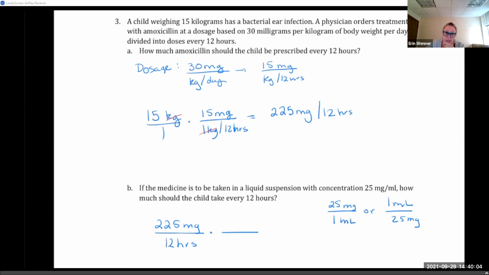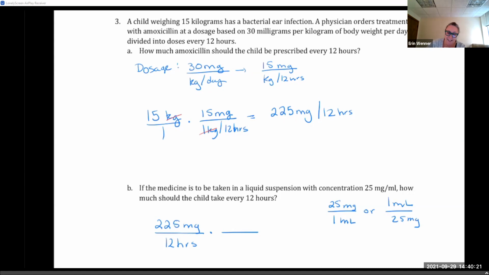So at home, the mom or dad or whoever is giving the kid the medicine is going to have the little cup. And on the little cup, they're going to have milliliter marks, right? Which means they are going to be measuring out this drug in milliliters, which means we need to cancel the milligrams.